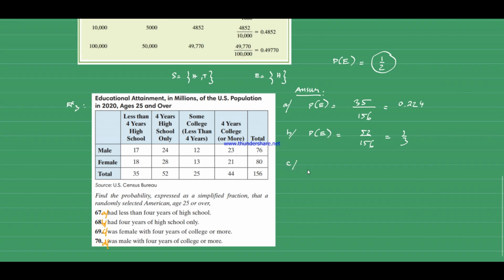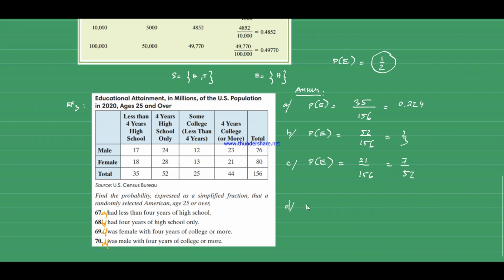And part C is a female with 4-year college or more. So female is 21 over 156, which simplified will be 7 over 52.